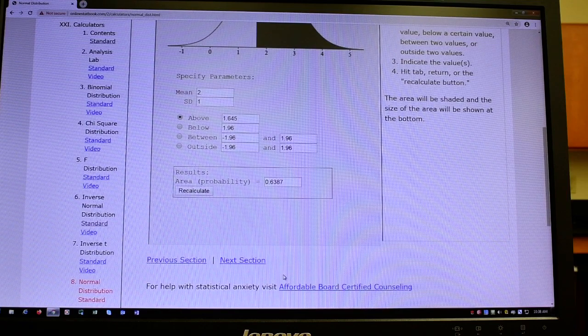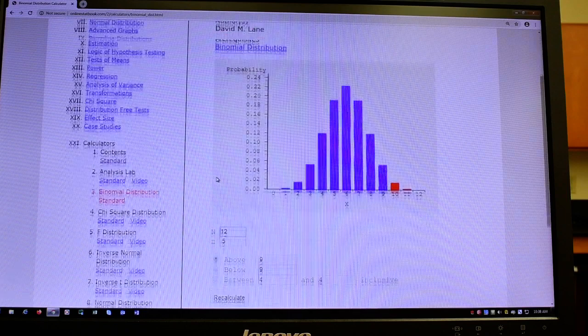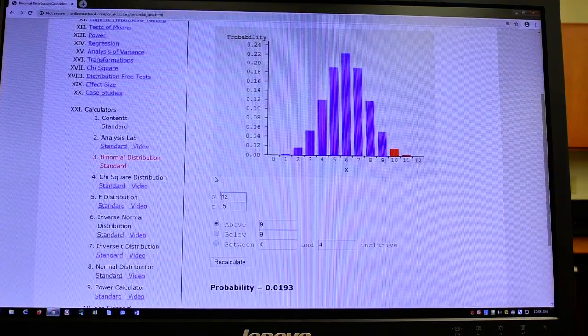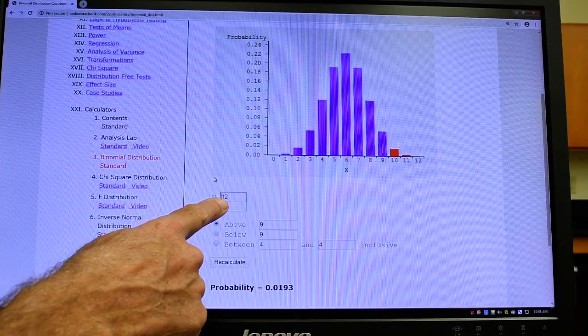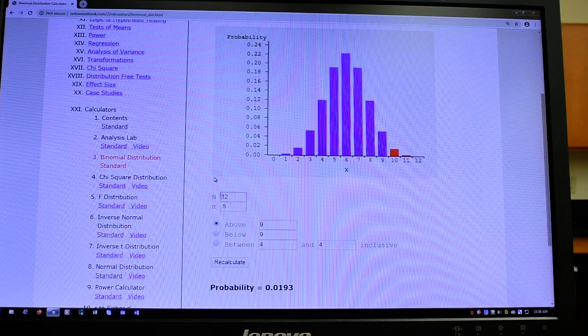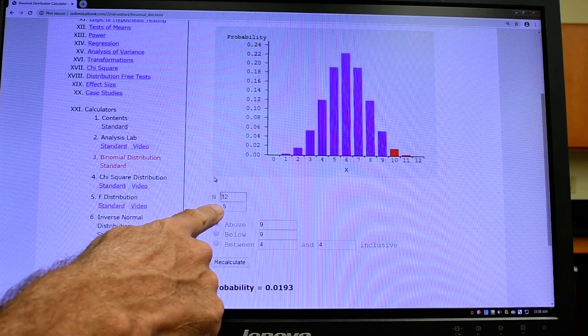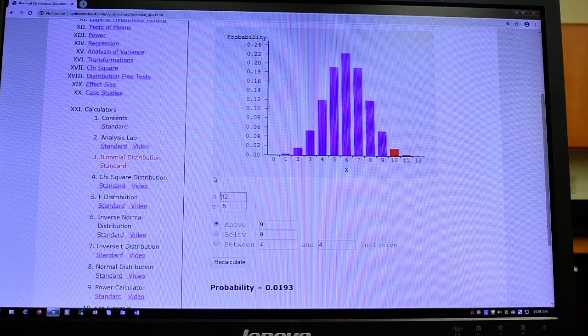Okay, so let's look at a binomial distribution and see what we would do with that. Again, you have a problem like this in this chapter, so I don't want to do too much with this, but essentially you can do a lot of the same thing. So here's kind of the default, n equals 12. Let's say that's the sample we're working with, and we have a 50% probability.